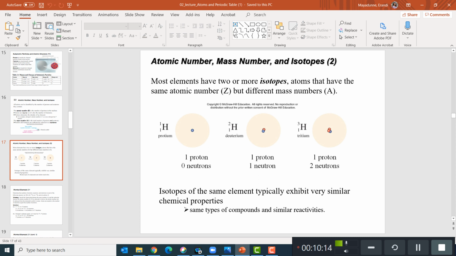So here, always this is 1, 1. That means you don't have any neutrons. If you have 1 and a 2, that means this 2 is made out of 1 proton and 1 neutron. Here you have 1 proton and 2 neutrons.